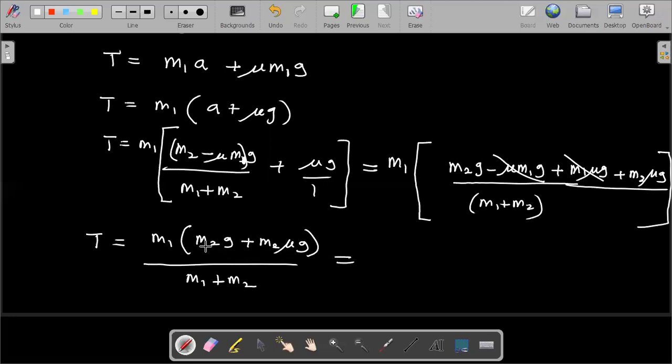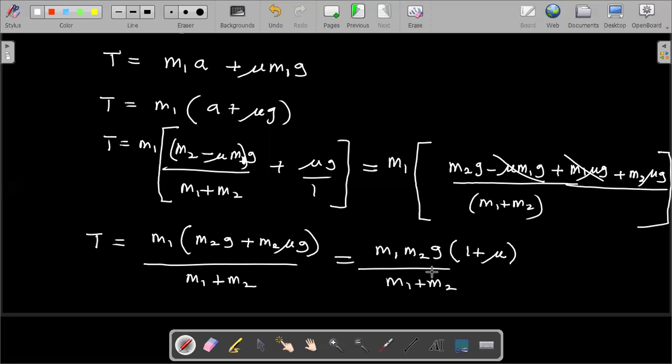Which in turn, you see that m2g is common on both sides. So we can have our tension with m2 factorized out: m1 m2 g into bracket 1 plus mu. That's what we're going to have left, divided by m1 plus m2.